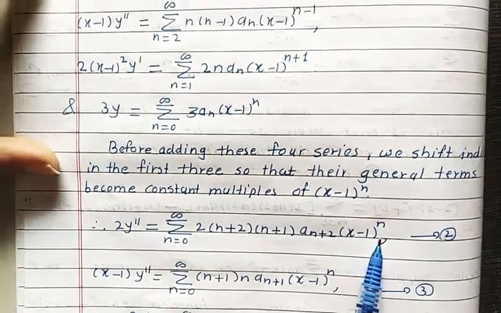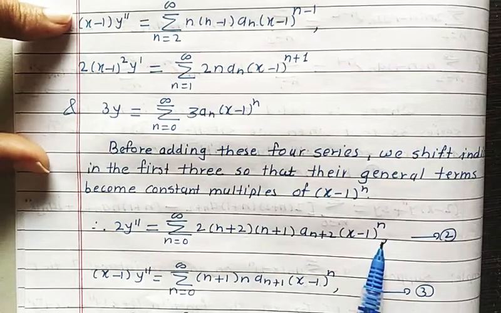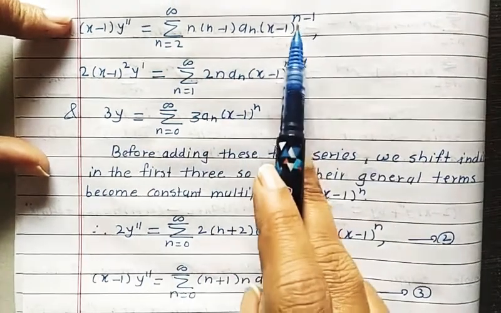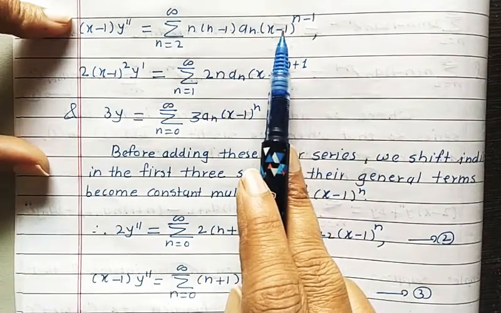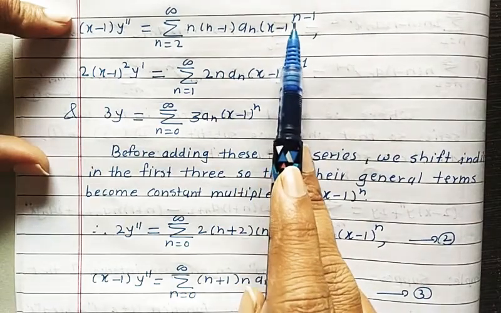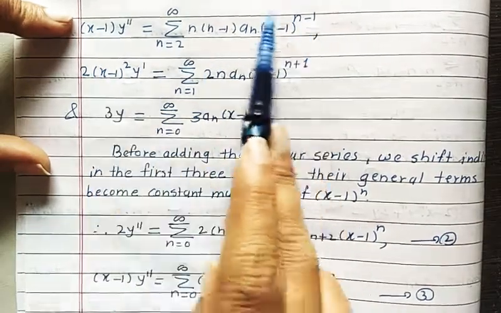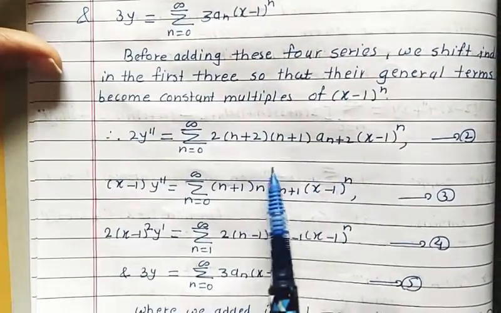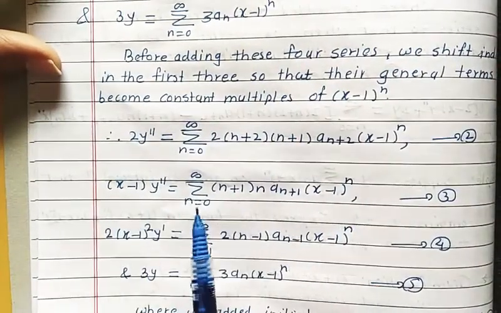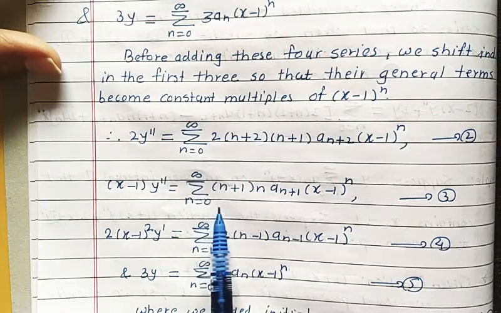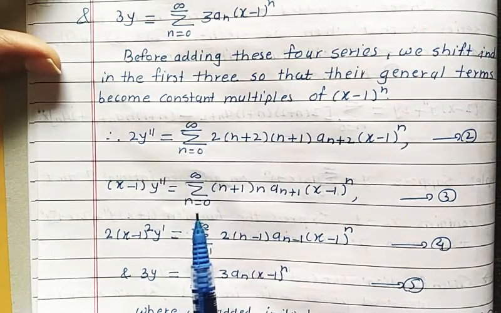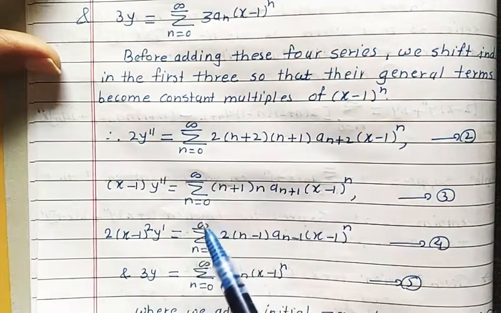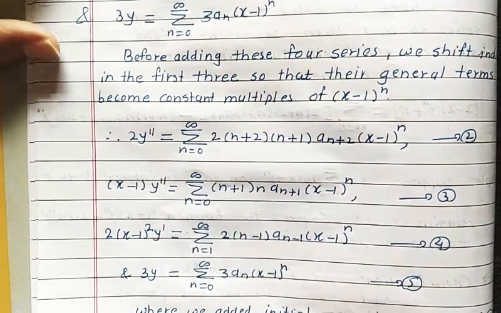Then in the second, here we want n and here it is n minus 1. So we replace n by n plus 1 everywhere here, and we get this equation. Now, this was from 1 to infinity, but we want n to start from 0 for all, then we can add them.